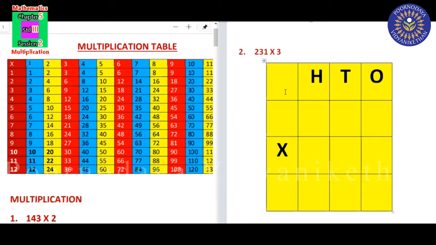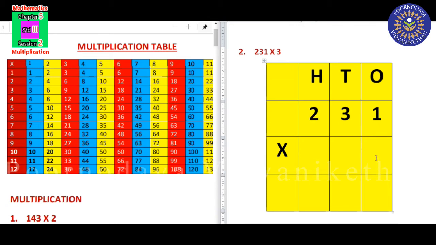In ones place there is 1. In tens place there is 3. And in hundreds place there is 2. Our first number is 231. Clear?